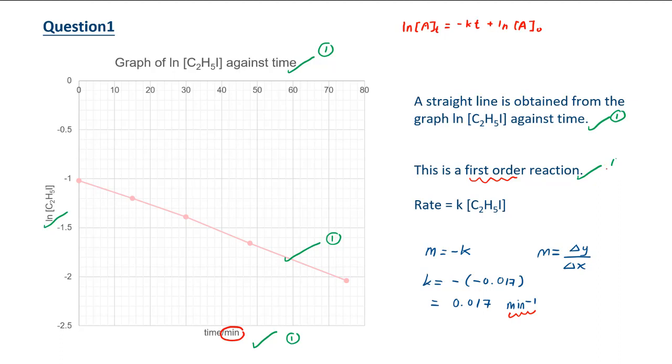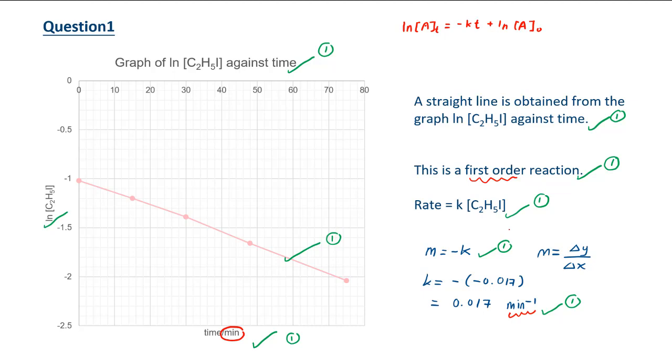What is your order of reaction? 1 mark. Your rate law over here, 1 mark. And finally, your rate constant with the correct unit, 1 mark. 1 more mark is given for the gradient, and for how you are finding the gradient, also 1 mark. So by using the linear graph method, these are the marks that you're going to get.